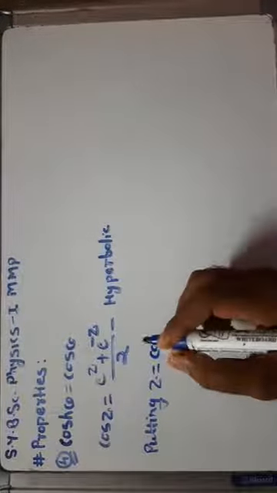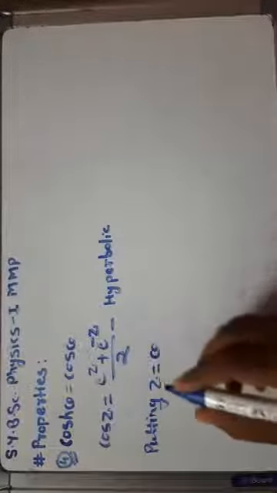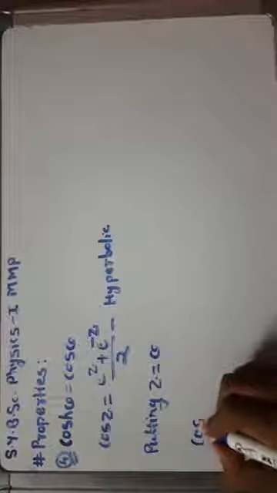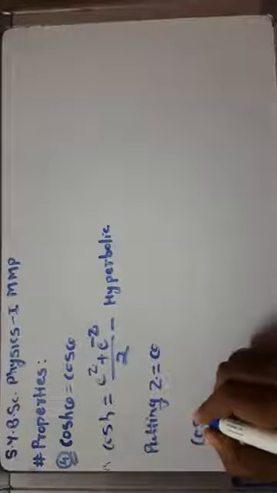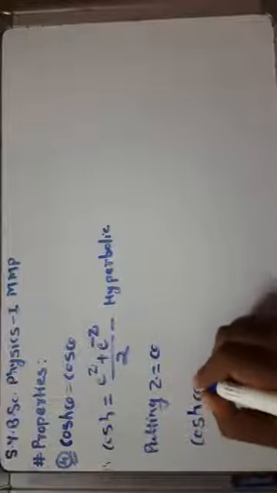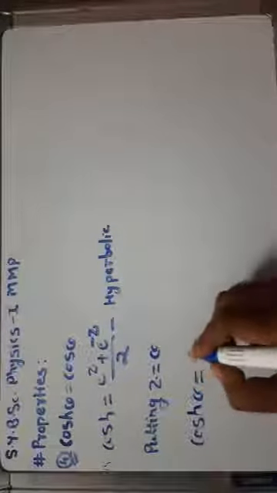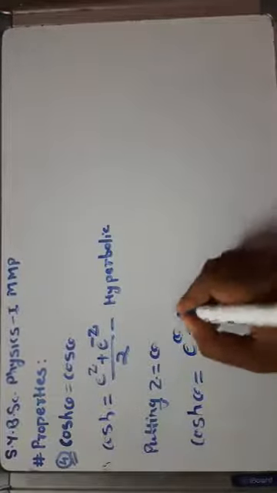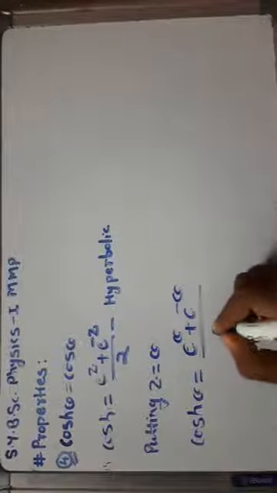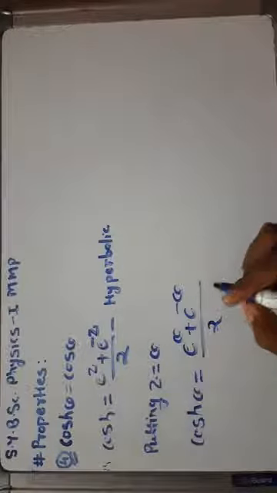theta, right? Then the above equation becomes, काय होईल वरचं इक्वेशन? Here not only cos, this is the cosh. Then cos theta is equal to e raised to theta plus e raised to minus theta divided by 2, right?